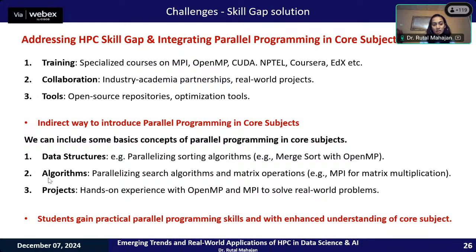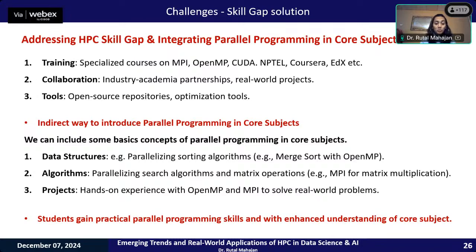Also, with the algorithms subject, I introduced OpenMP and MPI for different topics, like dynamic programming, different matrix operations, and divide and conquer. These are topics where we can compare sequential processing with parallel processing in a particular scenario. For all these things we can introduce OpenMP, MPI, or even the simplest parallel programming basics.